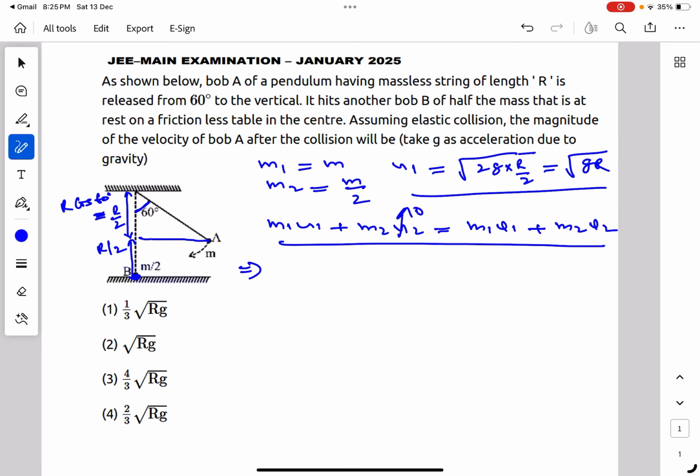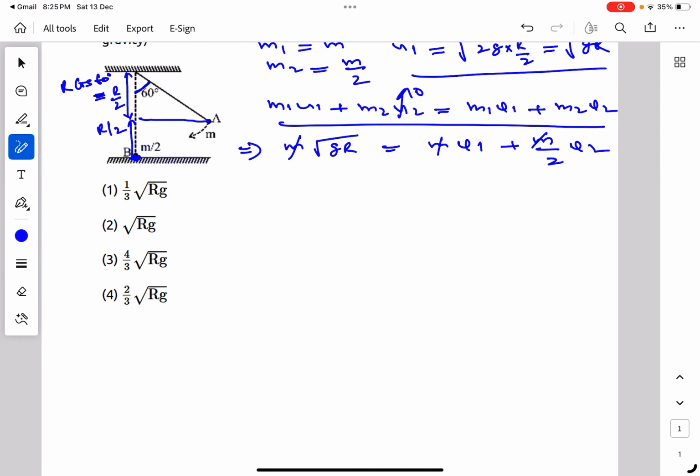So this equation becomes m times u1, u1 is root of gr, equal to mv1 plus m upon 2 v2. M cancels m everywhere. So this equation becomes v1 plus v2 upon 2 equal to root of gr. Let's call this equation number 1.